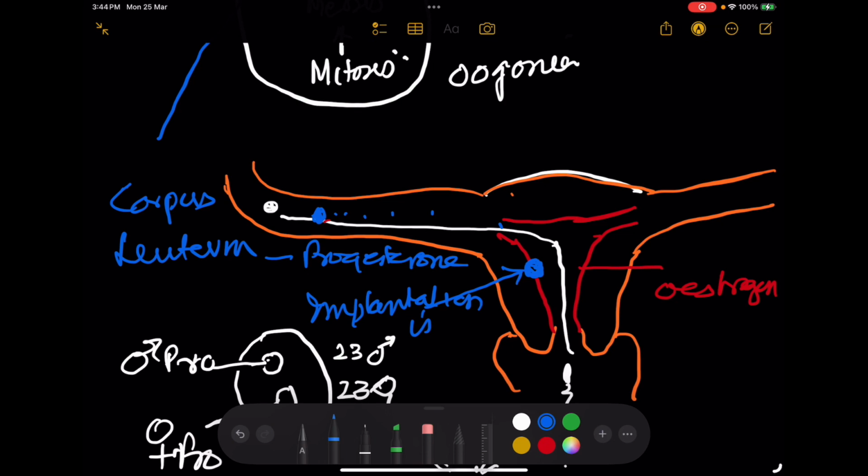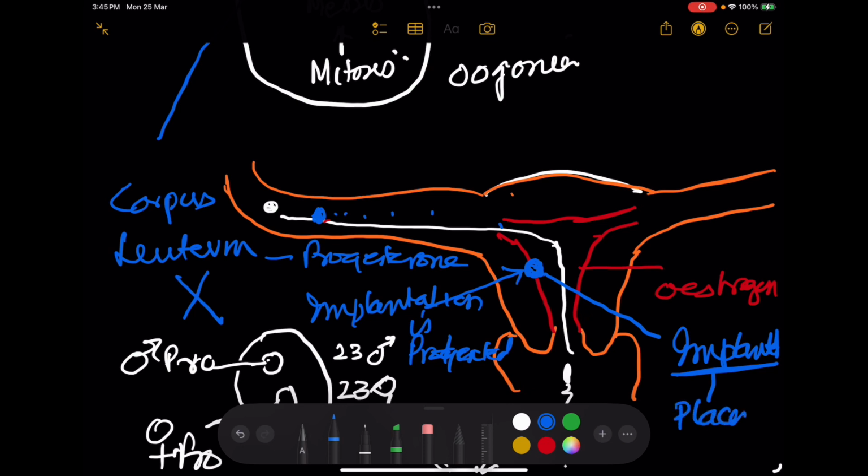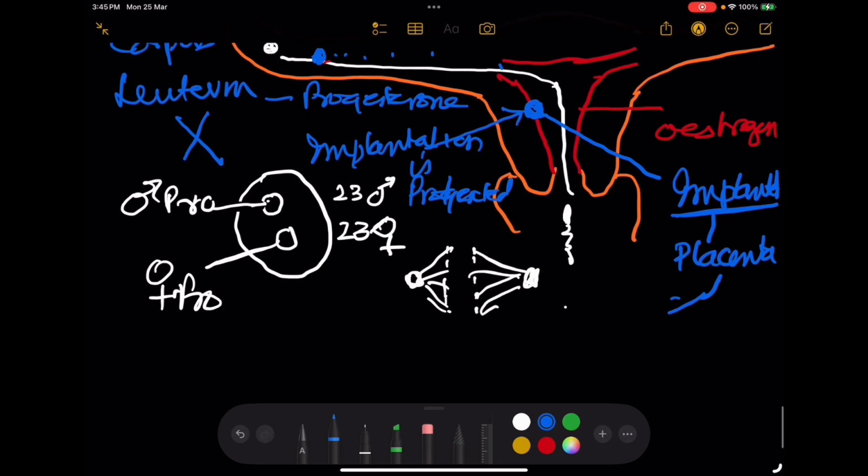Implantation is protected. After 14 days, the corpus luteum would be lost, but for the implanted zygote, the implanted new individual, a placenta develops from it, and this placenta continues to secrete progesterone and maintains the implantation.